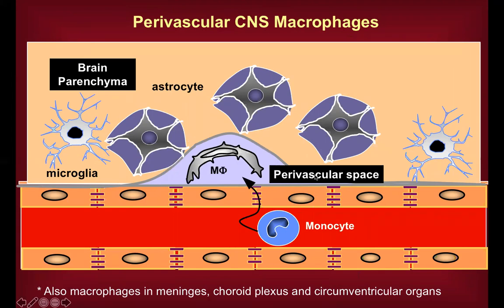Now, what's really cool here, and we've actually had him come and talk to us at OSU and in class, this guy, Dorian McGavern at the NIH, has used 2-photon laser imaging to see this immune surveillance where these monocytes go into these perivascular spaces. And it's such a tight space that you actually see structural changes in the monocytes. They differentiate into this macrophage-like profile. That's what this symbol is showing you.